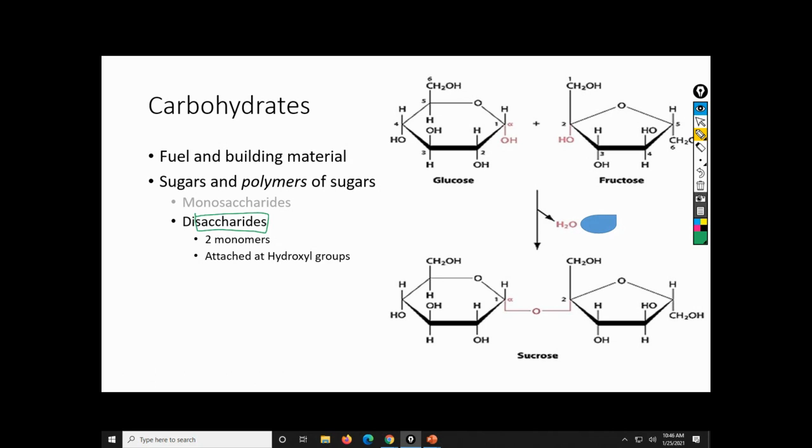Right? A disaccharide is a double sugar. So remember, mono means one, di means two. Okay, so the process I have up here, is this hydrolysis or dehydration synthesis?